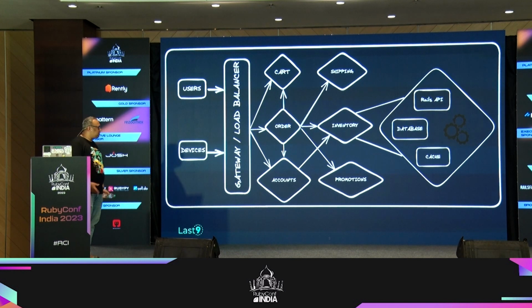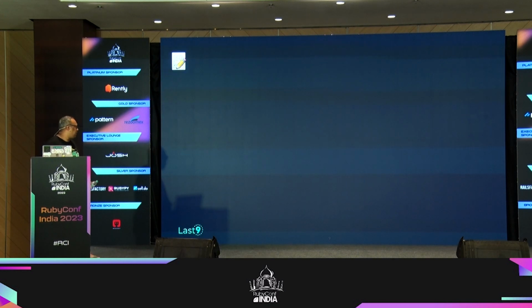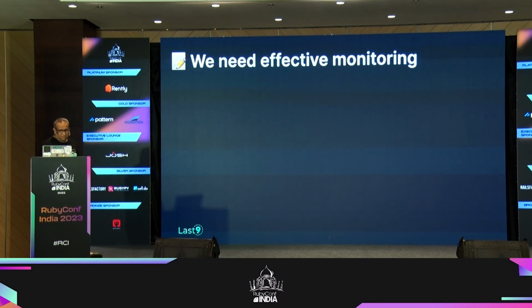So for these distributed systems to work in a good fashion, what is primarily needed is good monitoring, because now you have a bunch of components where you really need good monitoring to observe these things. Rather, I would say effective monitoring. Now let's take a look at what we need to do effective monitoring. In that diagram that I had shown, we can check what are the layers in which we are going to monitor things.